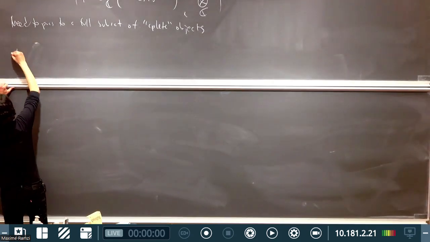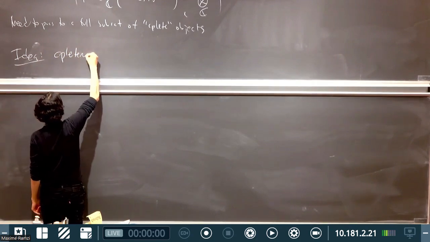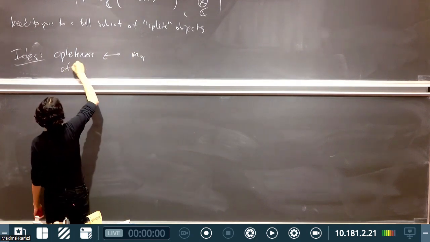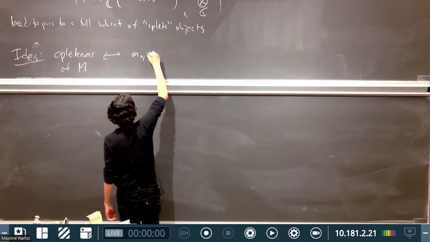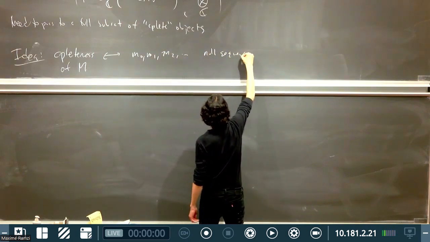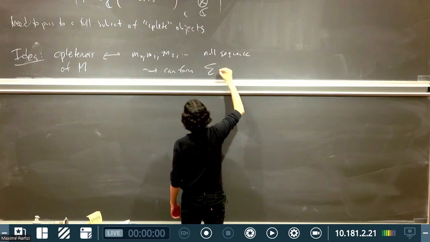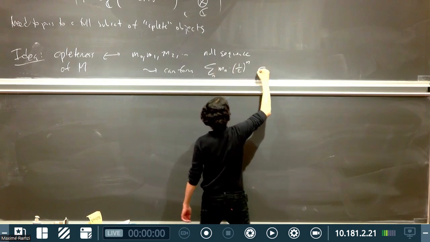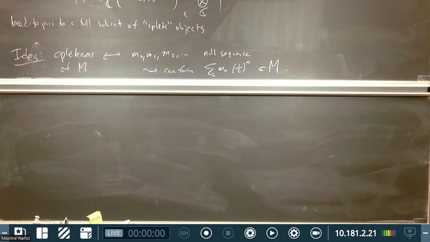The idea is that completeness of a C module M will mean that if you have a null sequence, then you get to sum some things. You can form the geometric series multiplied by the null sequence, say 1/2 to the n, and you'll still get an element in M. So that's the kind of completeness that we're going to require.